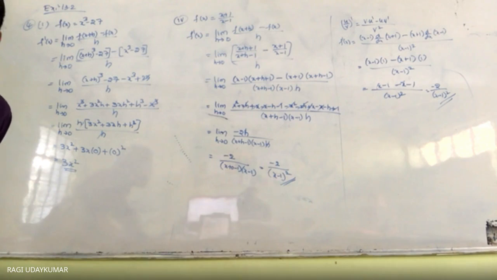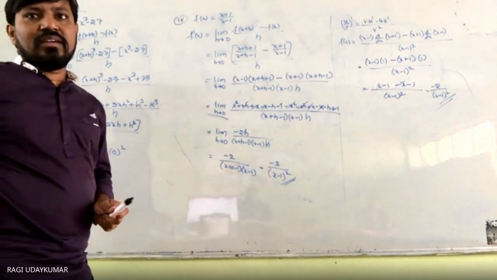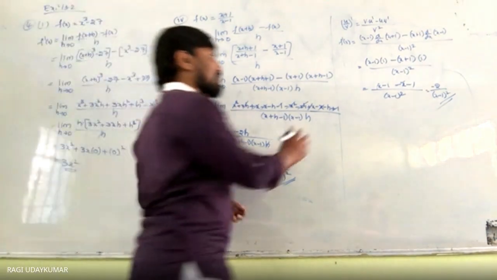Fourth question, I think the remaining problems you can do in a similar way, even 1 by x square also. So the fifth question is given to you. From an examination point of view, it is very important here. F of x is equal to what is given. Fifth question, very simple here.